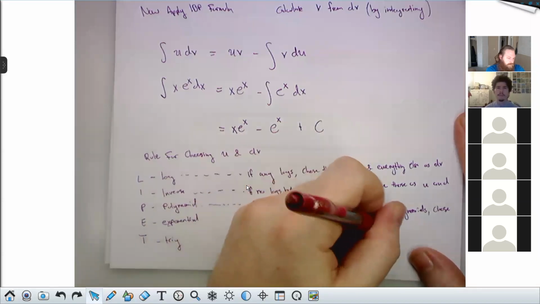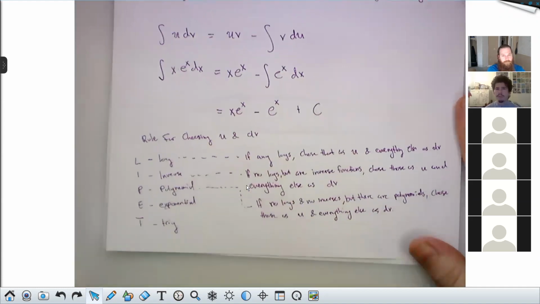So wait, by this logic, shouldn't we have made e to the x our u since it's an exponential? Well, which one of these do you hit first as you go down the list? Polynomial, right? Well, does x qualify as a polynomial?